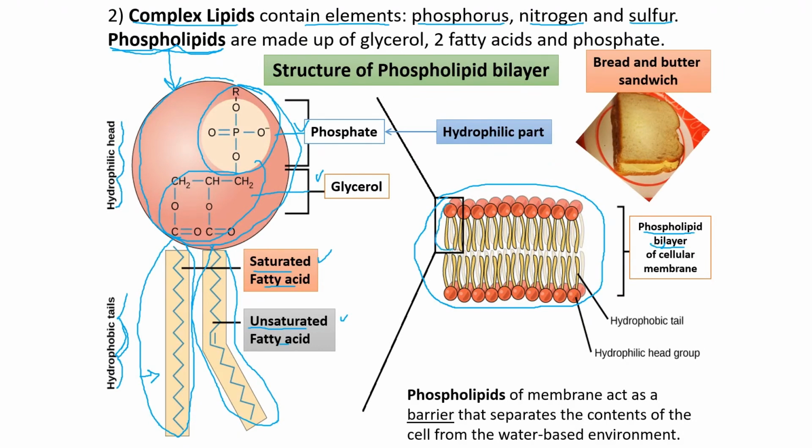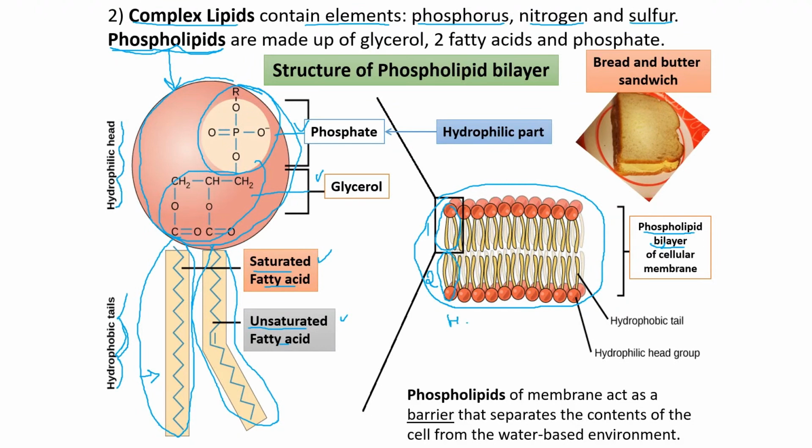This is one phospholipid layer and this is the other. So in a bilayer, we have two layers. Do you see how beautifully they are organized together?